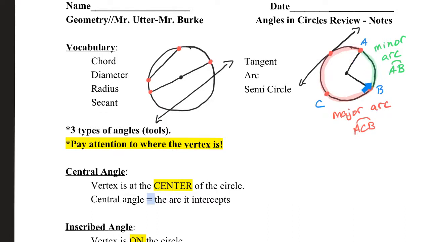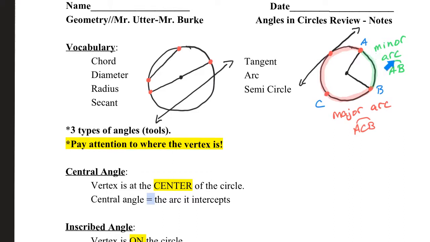This is highlighted in green, and this one's called a minor arc, because as you see, this angle right here, which arcs are formed by angles intercepting them, this angle cuts the circle into two arcs, this smaller one and this bigger one. So we have to separate those out.